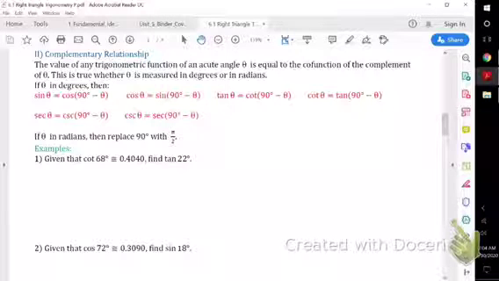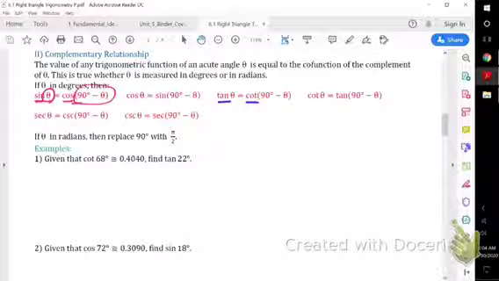So let's go ahead and try this here. So we can see that sine of theta then will be equal to cosine of 90 degrees minus theta, because sine and cosine are cofunctions, and as long as the angles here add together to equal 90, then they're going to be equal. And so the same thing for the next one there. Then you notice next we have tangent and cotangent. So tangent of theta is equal to cotangent of 90 minus theta.